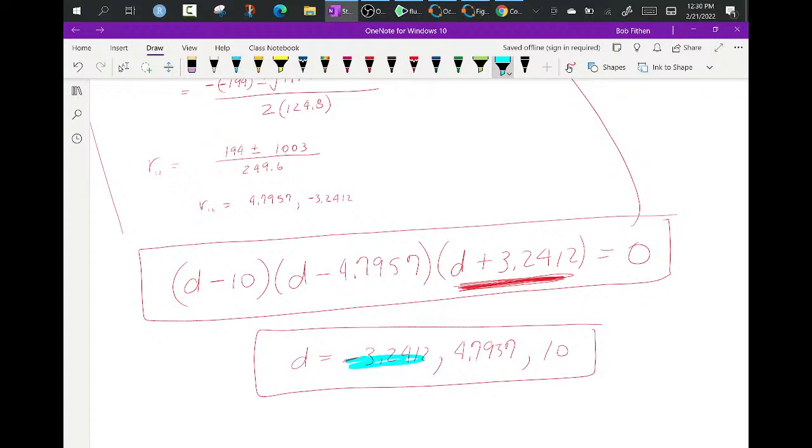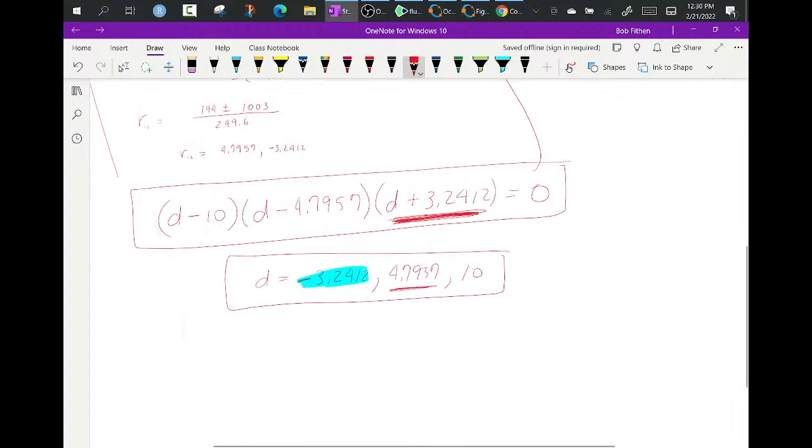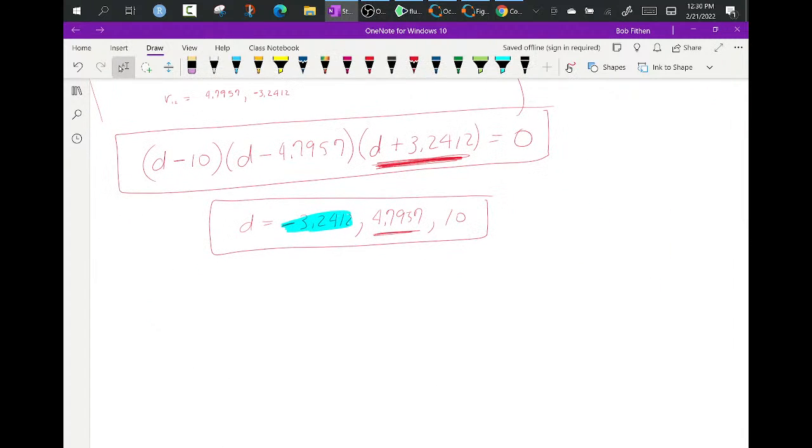This one, not even possible. You can't have a negative depth. So what do you have? You have this one being the other choice. So here's your choices. You have the choice of water coming up in the spillway, coming down like this, and it came in at 10 feet per second.